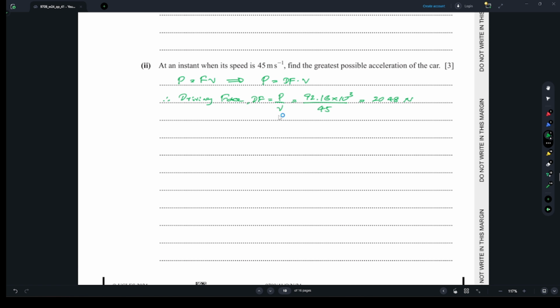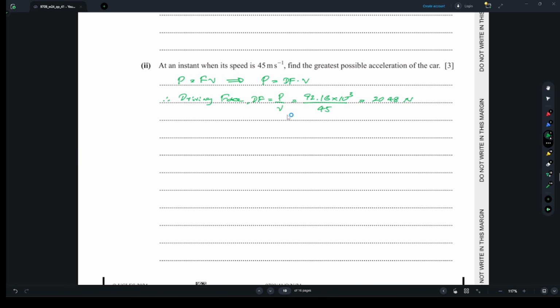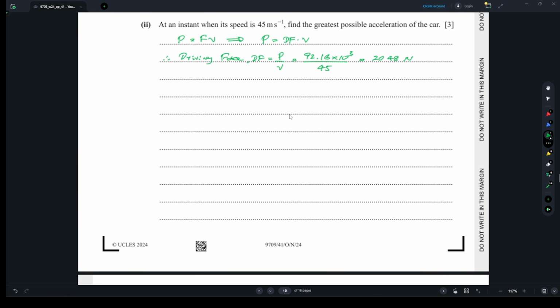Okay, then we have to find the resistive force, or we can say the resultant force, because now if I take the car here, we have the driving force and we have the resistive force, right? If it is accelerating, then that means there is a resultant force, according to F equals ma.